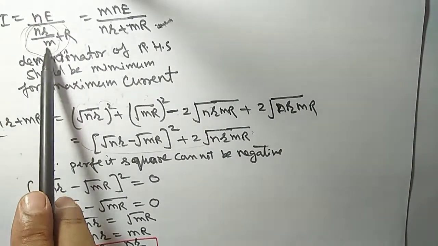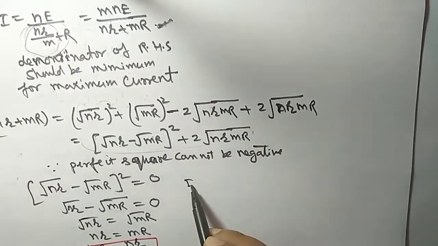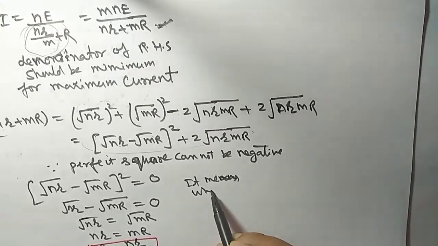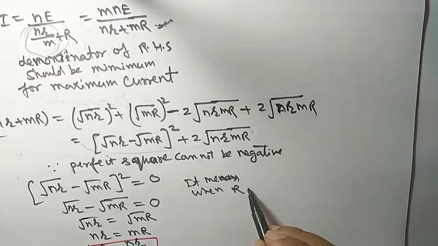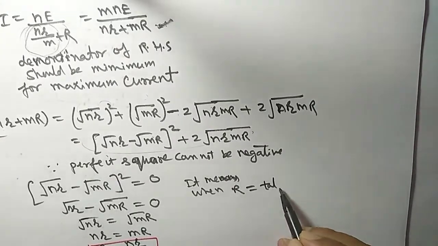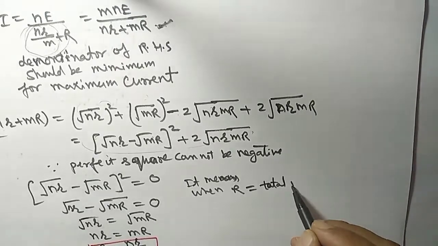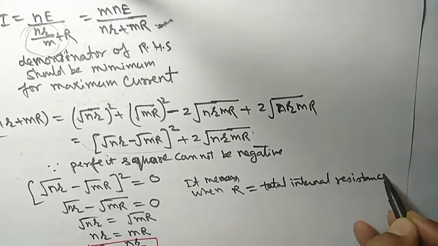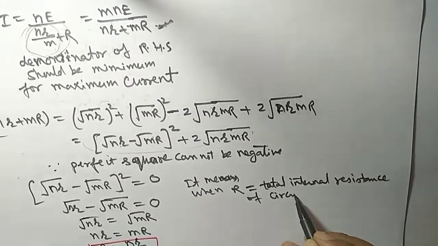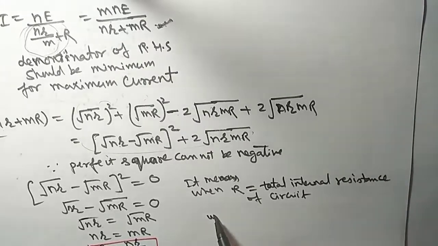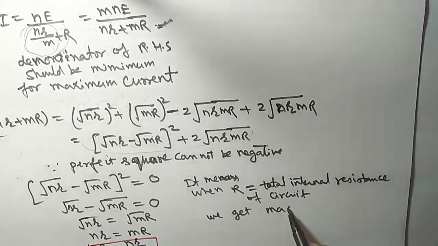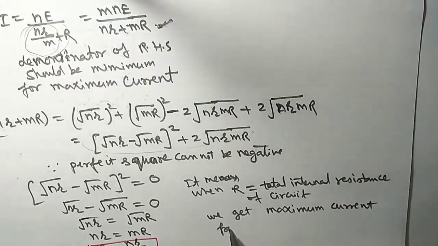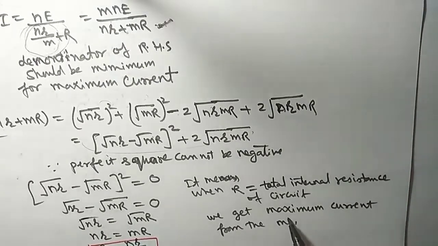So it means when capital R is equal to the total internal resistance of the circuit, we get the maximum current from the mixed combination.